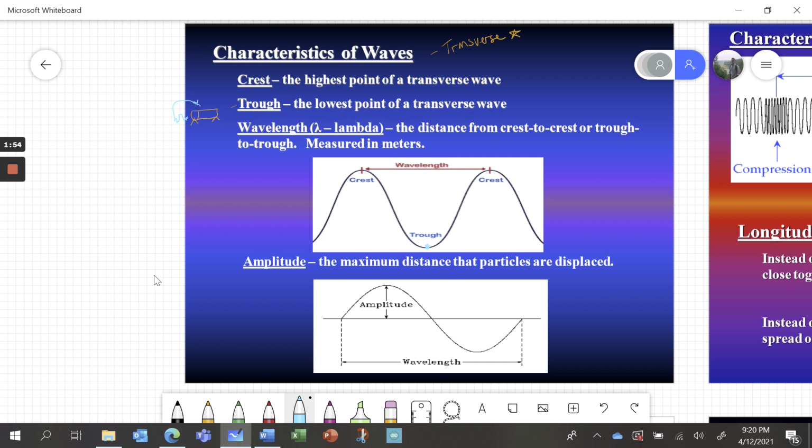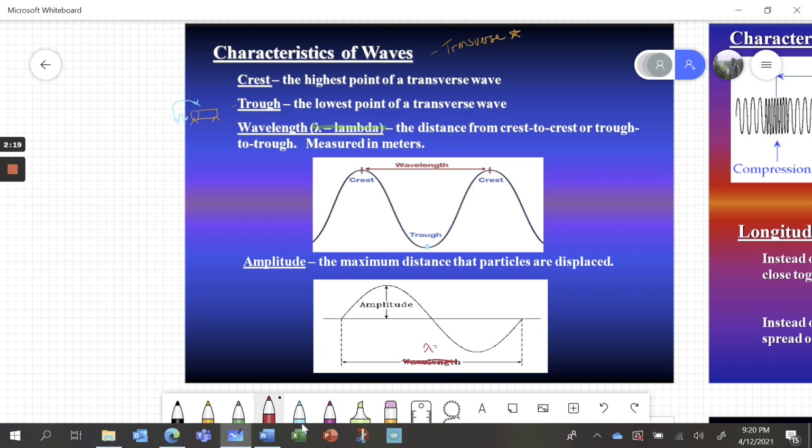No big deal. This symbol here, lambda, is just the symbol that we use instead of writing out the word wavelength. So for example here, I could get rid of the word wavelength down here, and I could instead just draw a lambda.